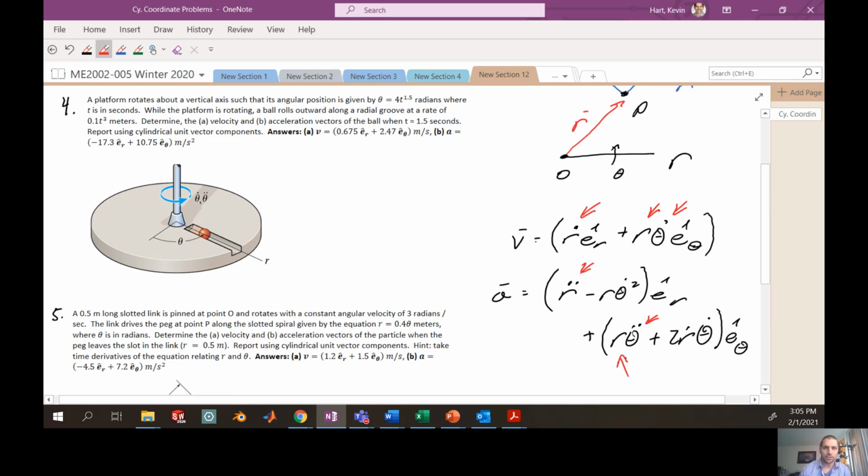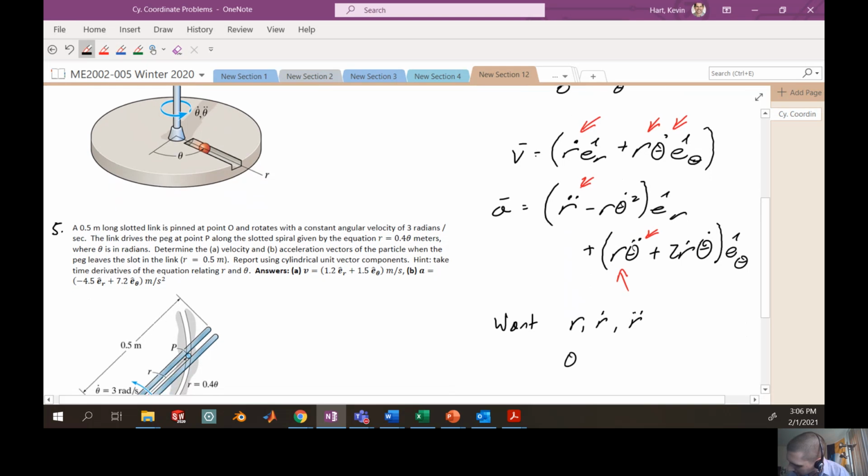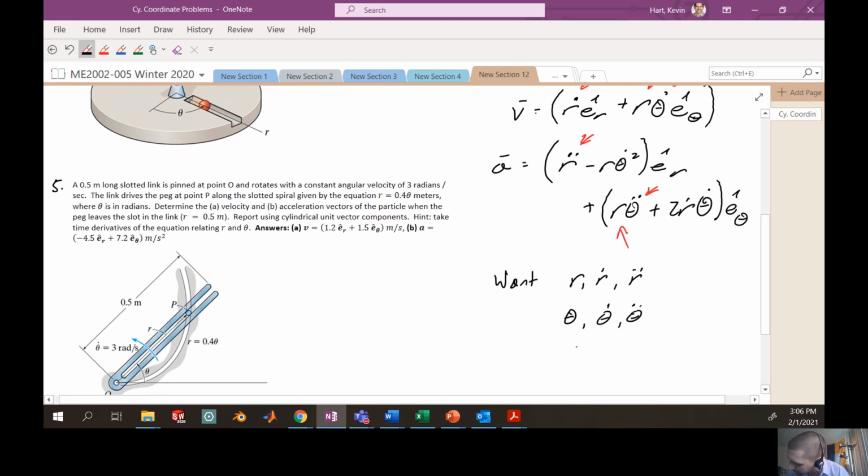So you want r dot, r double dot, theta, theta dot, and theta double dot, usually as a function of time, though that's not always a requirement.